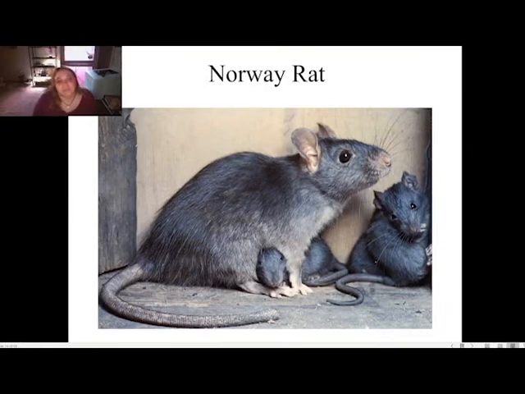But it probably got so widespread because it was a common stowaway on ships that were transporting people and goods. So people wouldn't even know that they were there, but they would bring their ship over, and the rats would come off the ship, and they have become pretty widespread throughout the entire United States, well, most of the world.